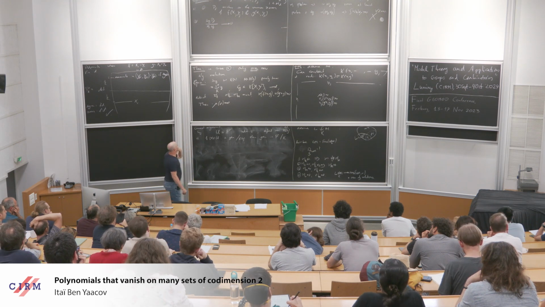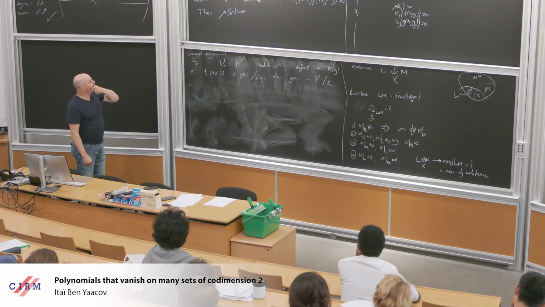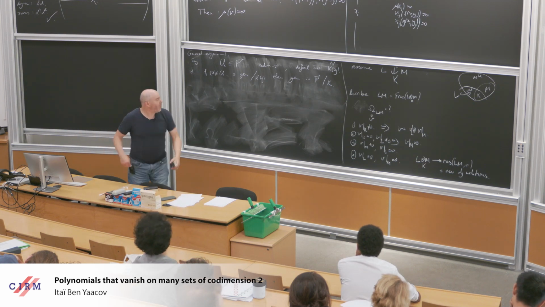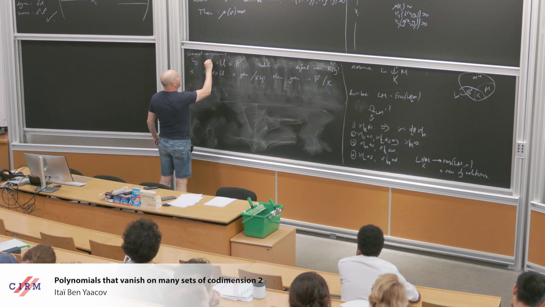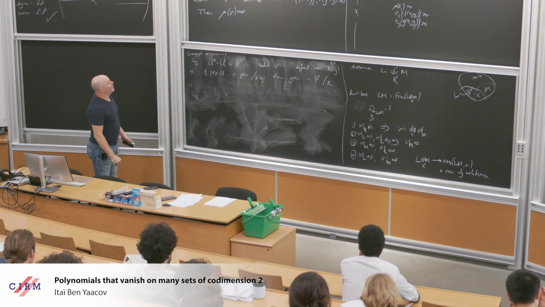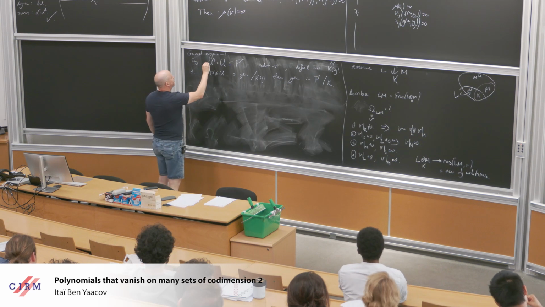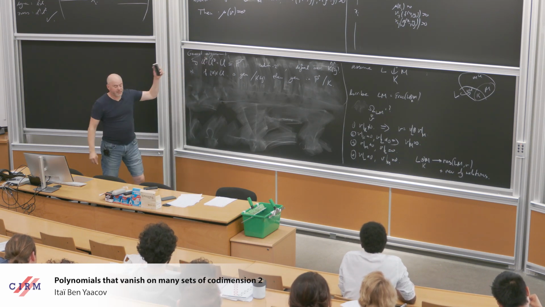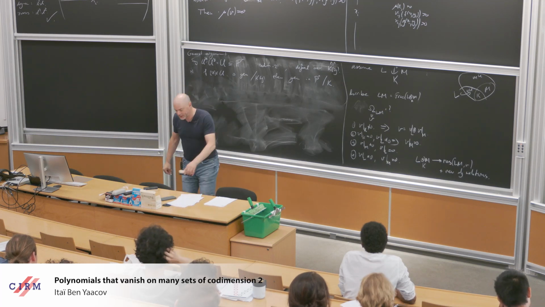Okay, now let's build. This depends on y. Let's even say that it depends on y0 because I'm going to take other y's. Okay, so now let's build a matrix.